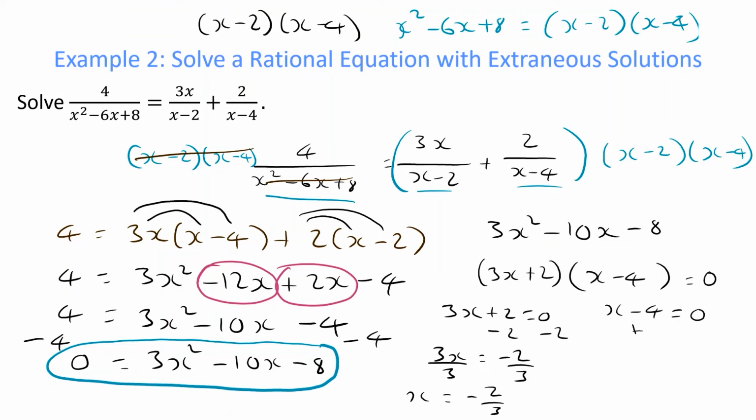Next we will plus 4 plus 4, x equals 4. Now if we go back to our original equation, because the original equation is not defined when x equals 4, we can eliminate this as an extraneous solution. So the final solution to our equation is x equals minus 2 over 3.